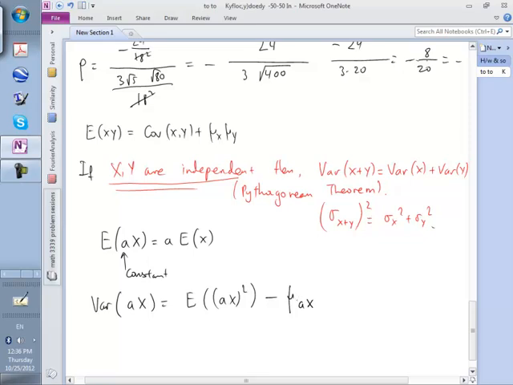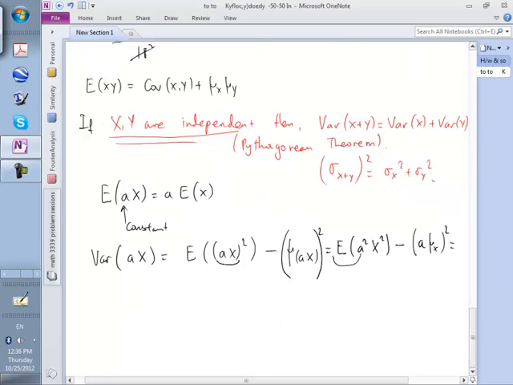A times X, squared. So what is A times X squared? What is this thing equal to? This is the expected value of A squared times X squared, algebra. What is the mean of A times X? This is A times the mean of X.